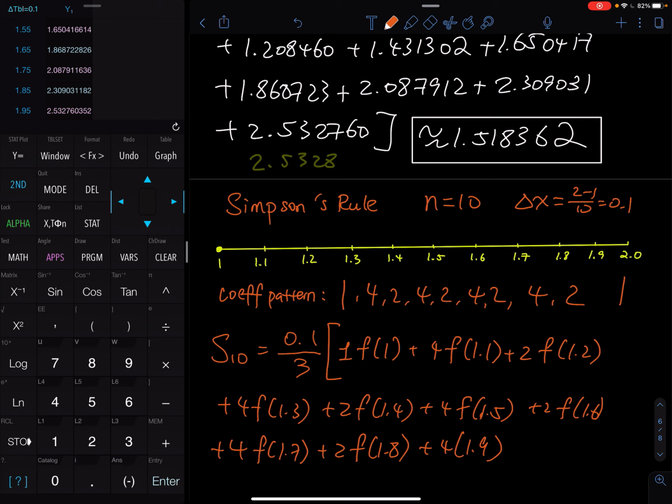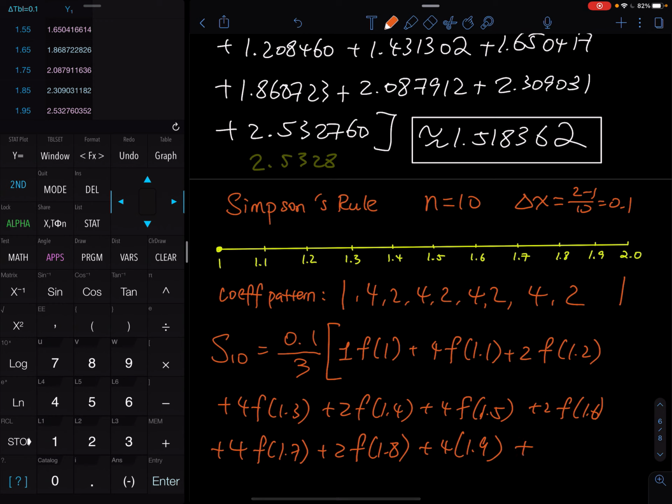Did I miss something? 4, 2, 4, 2, 4, 2. And then 4. Oh, from 1 to 2.0, there are 11 numbers. Okay, got it. I did not miss anything.